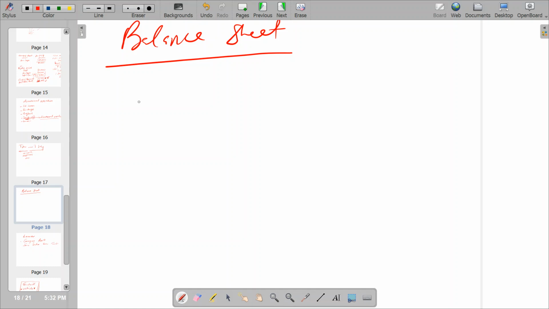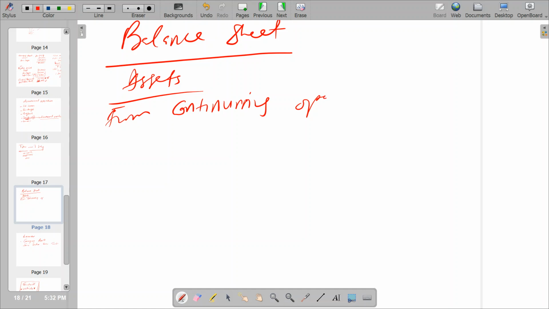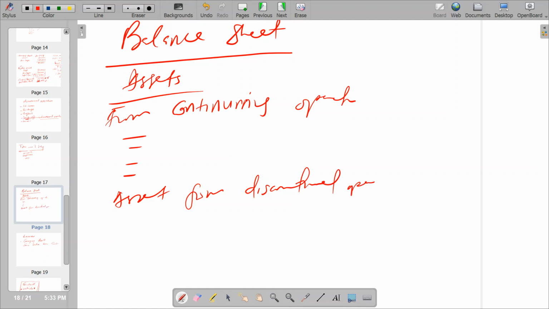So if let's say we have assets here, we will have assets from the continuing operation, and those assets will come here. Then we also have assets from discontinued operation, and those assets will also come down here. So we don't mix them.